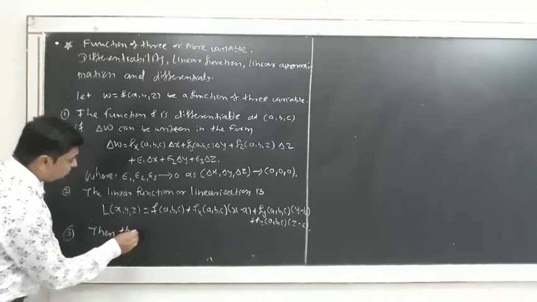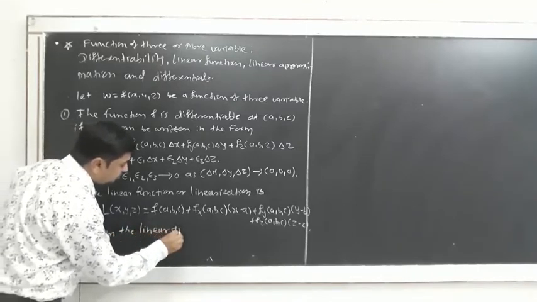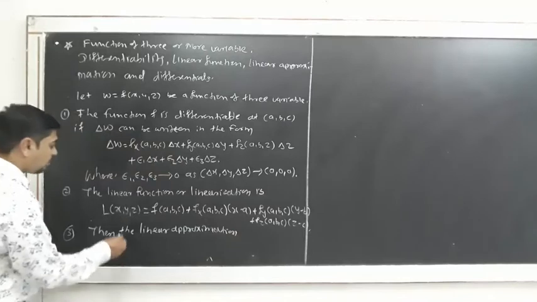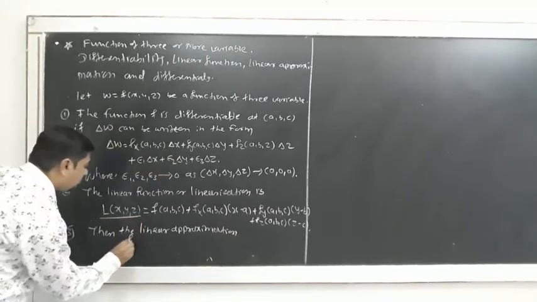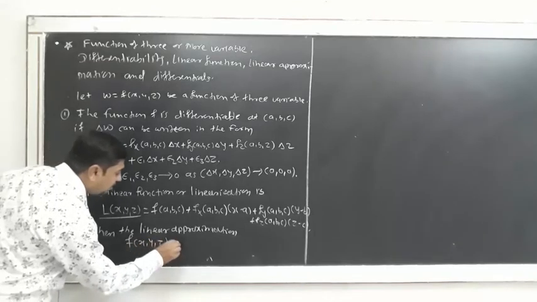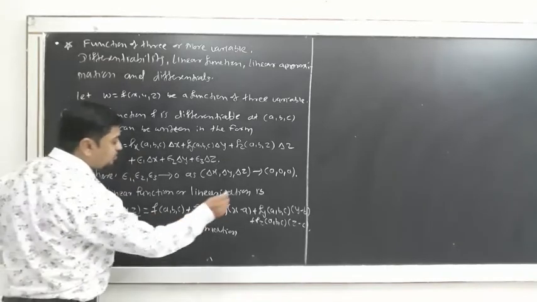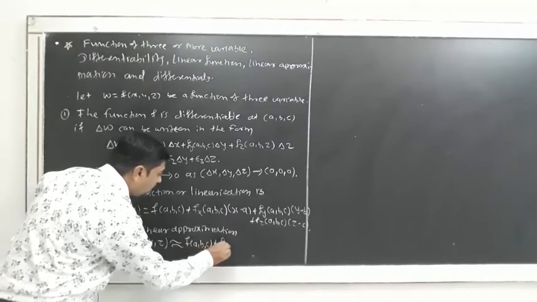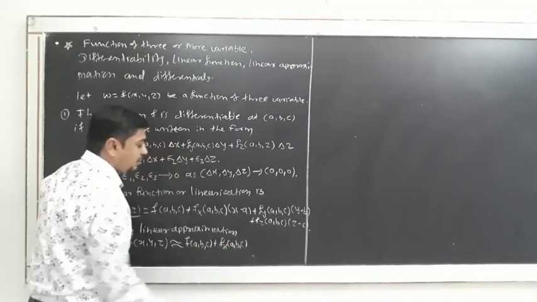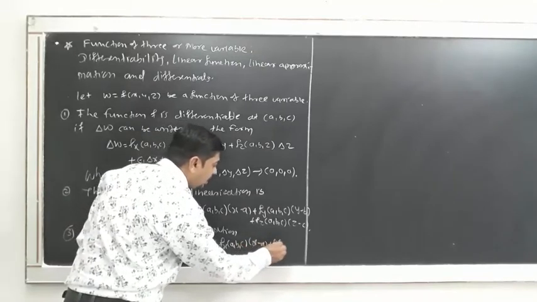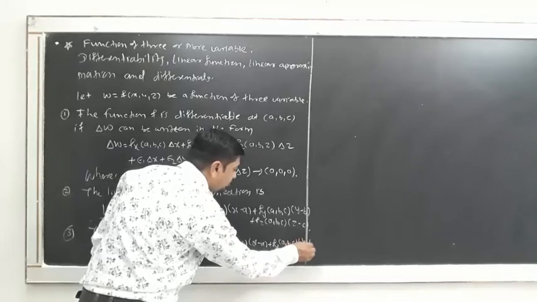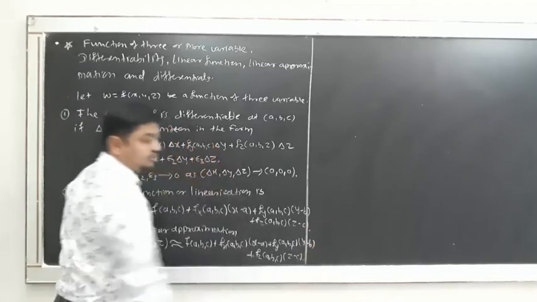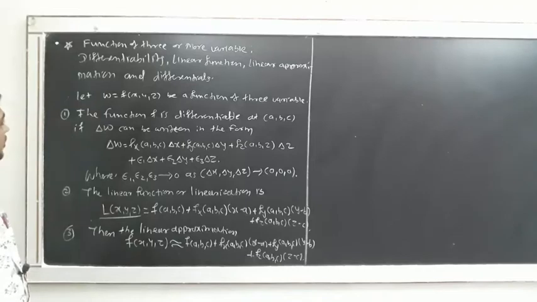The linear approximation is just this: instead of L of x, y, z, we write f of x, y, z with the approximation sign, and write the whole right-hand side as it is: x minus a plus fy at (a, b, c) times y minus b plus fz at (a, b, c) times z minus c. So we have already written three definitions.